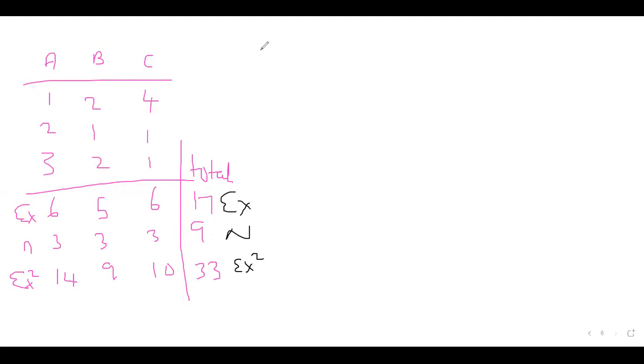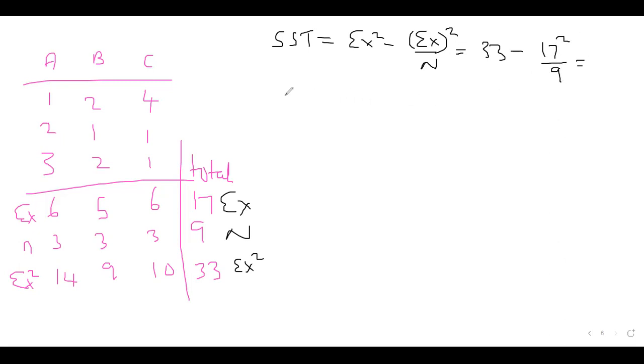Right, so we need to find the sum of square total. The formula for sum of square total is as follows: summation of x squared minus summation of x all squared over capital N. So 33 minus 17 squared over 9. We also have the sum of square between the blocks, which is simply the summation of each treatment total squared over its count, minus the correction term.